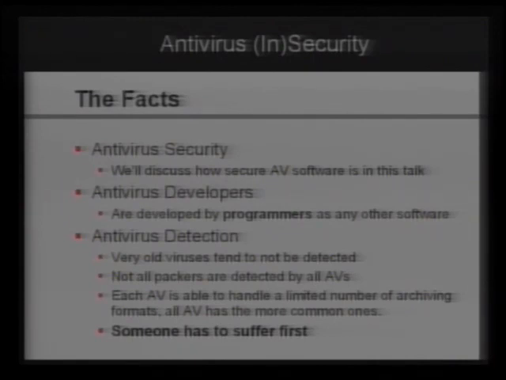But not all the antiviruses actually implement all types of packers, just the most widely used ones. So it's the only thing that they can actually analyze. So bypassing the antivirus is pretty straightforward. About the number of archive formats, most of the vendors used to support around 15, the most common ones like gzip, zip, rar.